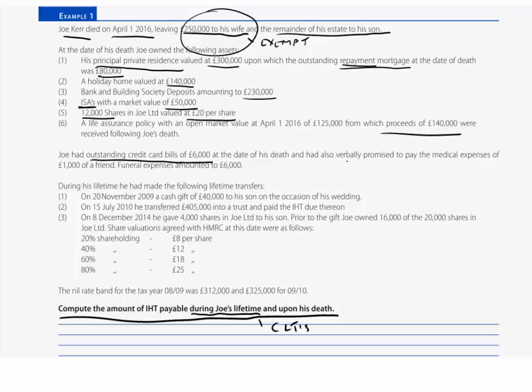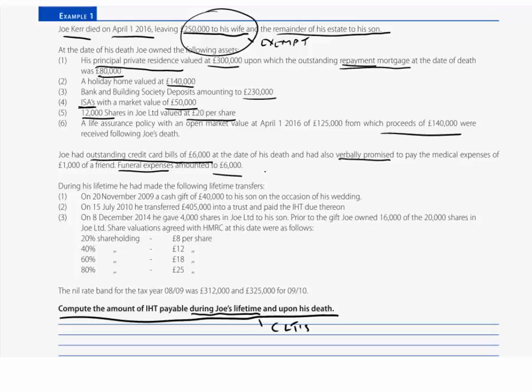At the date of his death he also verbally promised to pay the medical expenses of £1,000 of a friend, verbally promised. This is not therefore a debt. This is not something that is owed nor legally enforceable. So in which case, no deduction there. And funeral expenses, £6,000, again we'll assume certainly that is perfectly reasonable. So funeral expenses will be deductible.